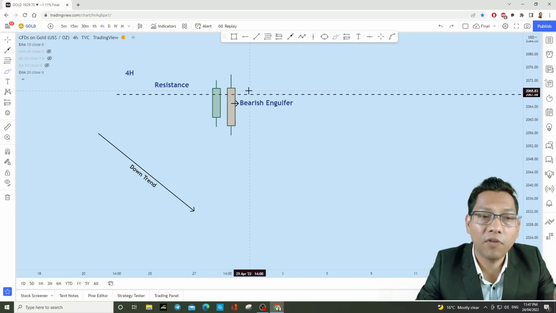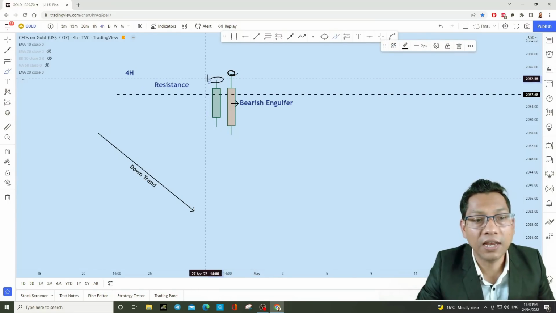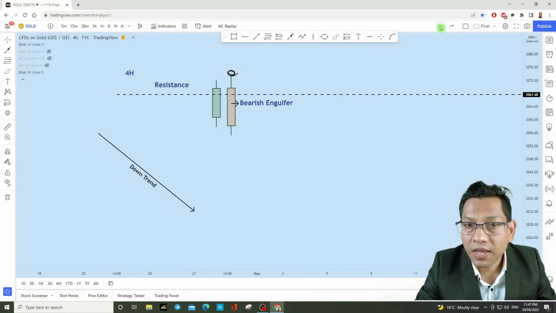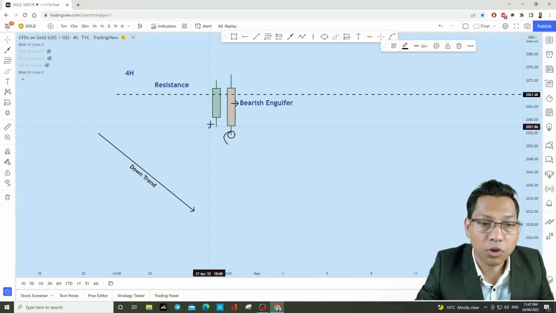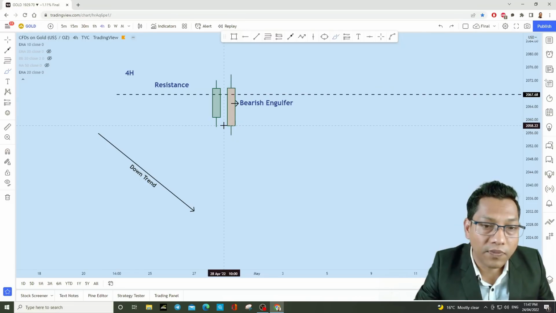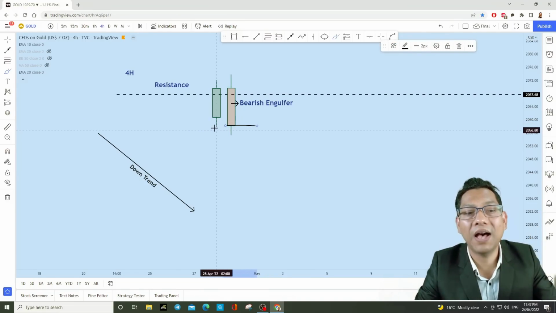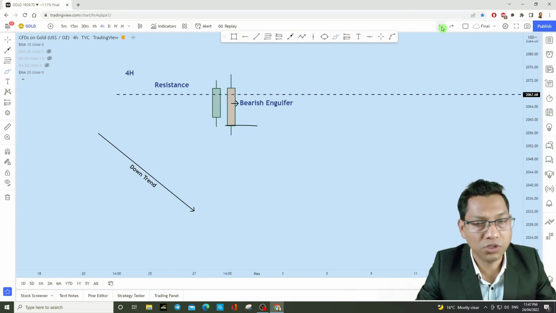The high of the bearish engulfer must cross the previous candle's high completely, the low of the bearish engulfer must cross the previous candle's low completely, and the close of the bearish engulfer must pass the previous candle's close.